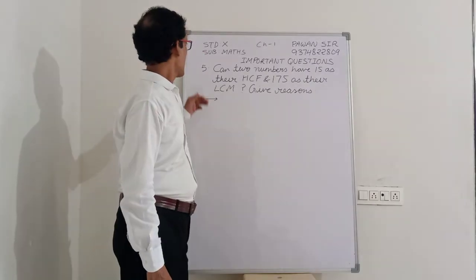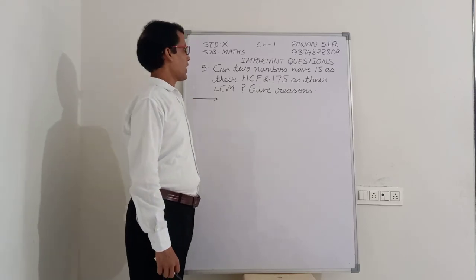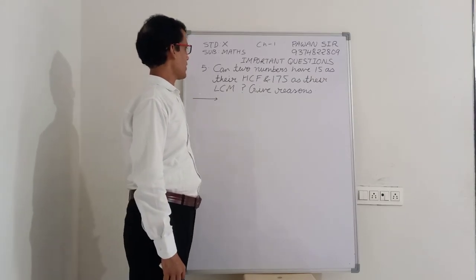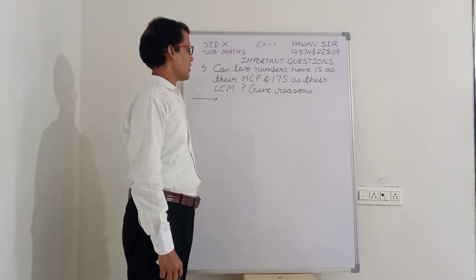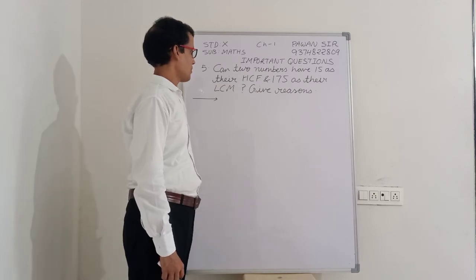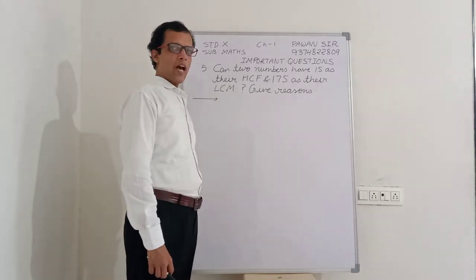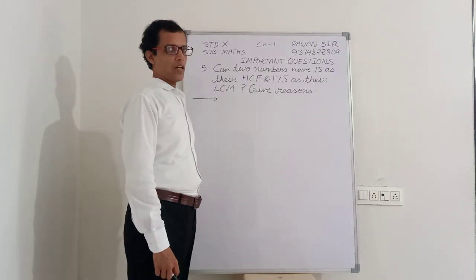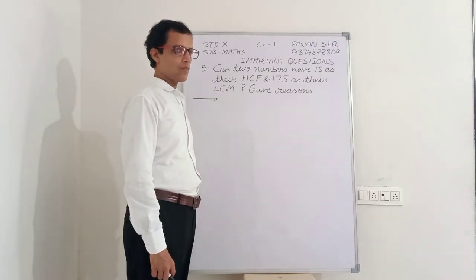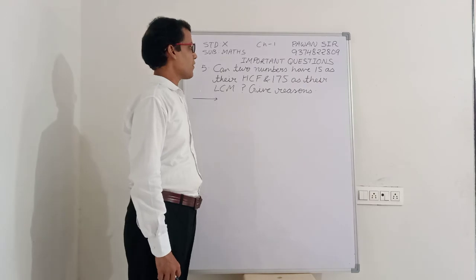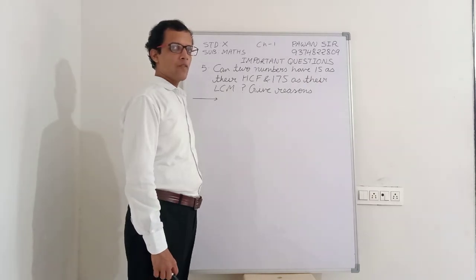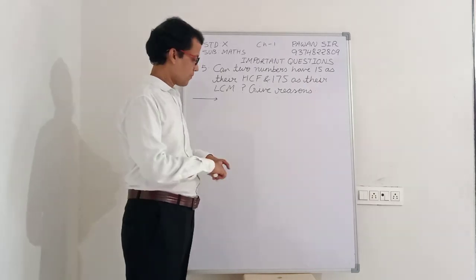So students, our fifth question is: can two numbers have 15 as their HCF and 175 as their LCM? Give reasons. As we know that HCF is a factor of LCM, so first we check whether 15 is a factor of 175 or not.